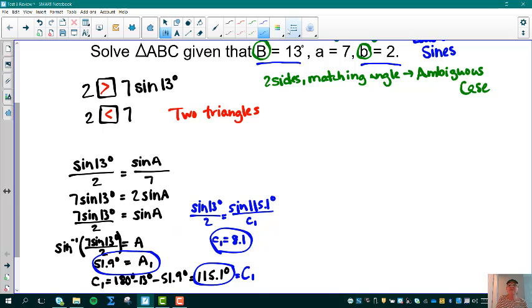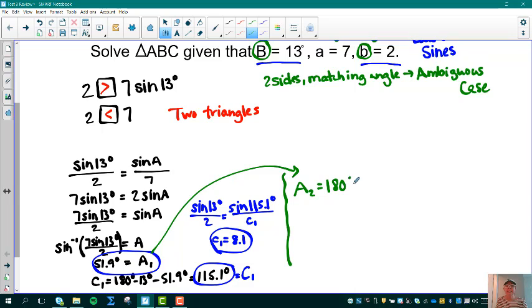All right, now for case 2. The other possibility for A, we'll call that A sub 2, would be equal to 180 minus 51.9 degrees. Well, 180 minus 51.9 degrees is 128.1 degrees. Okay, so that's A sub 2.